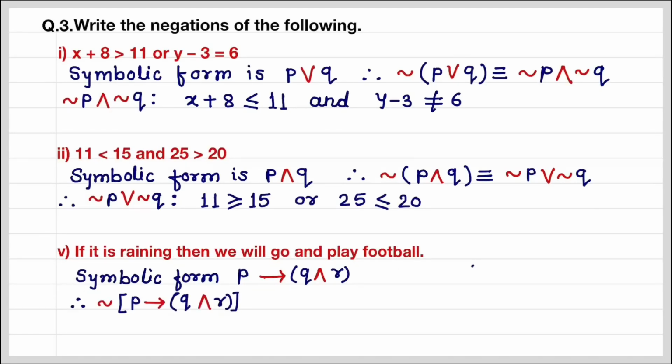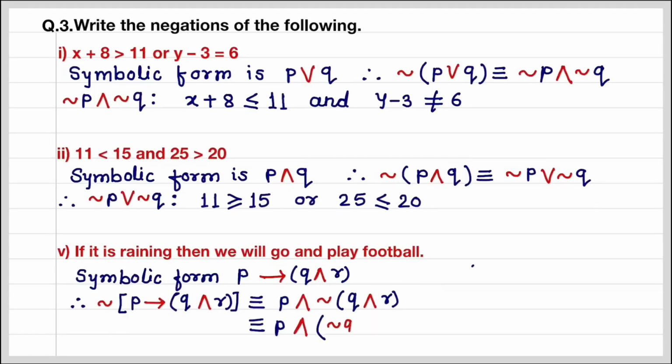Therefore its negation is negation of P implies Q and R. We have seen negation of P implies Q is P and negation of Q, that is first statement as it is and negation of second statement. In the same way, we get first statement P as it is and negation of second statement.